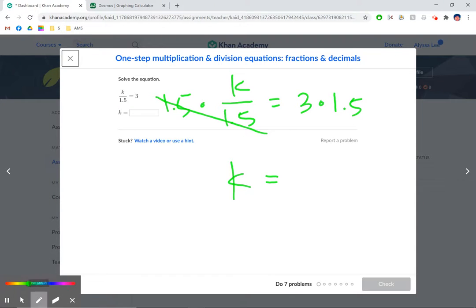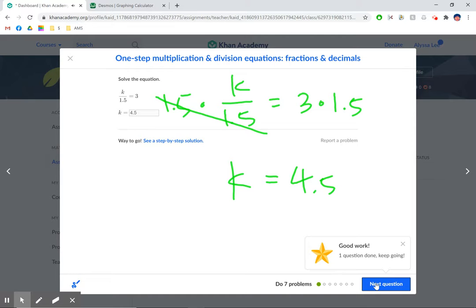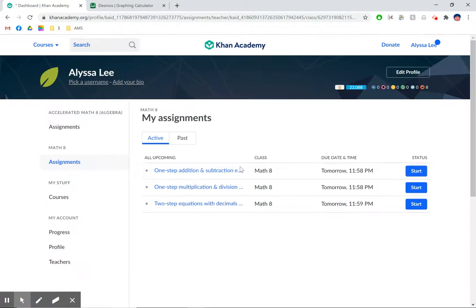So that should be our answer. Let's plug it in. Done. Okay, so simple in the context of what step you may need to do, but when you get the decimal or fraction operation, you'll just have to use a calculator.